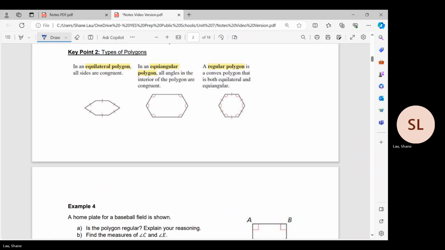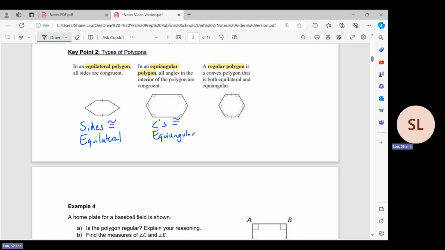So sides congruent, that's for equilateral, which again is not a new vocabulary term, but something to distinguish. Equiangular has all the angles congruent. So angles congruent, that's equiangular.